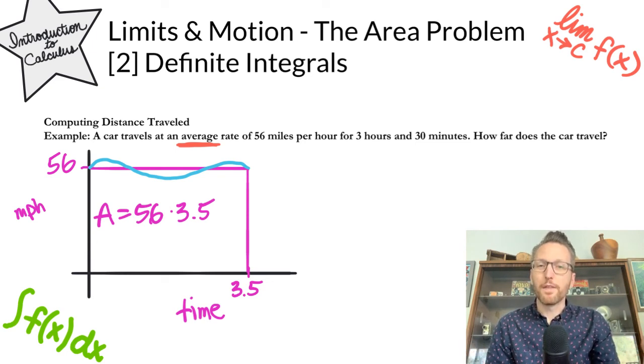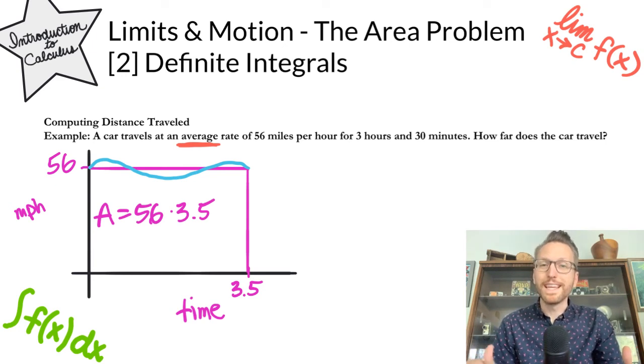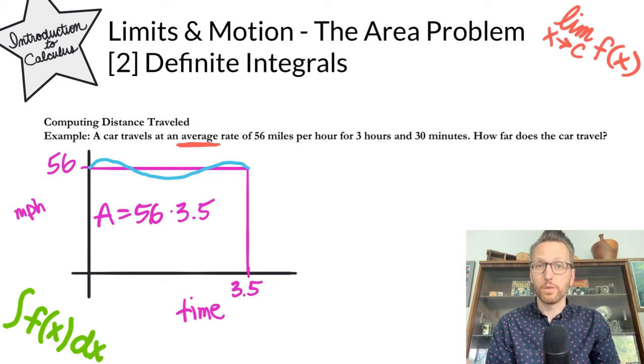So what's neat about that is once we know more about calculus and the derivative and the integral, we can use the integral to actually find the area underneath the curve, but then we could relate that to the area of the rectangle, basically by working with the average value of a function, which is a thing too.